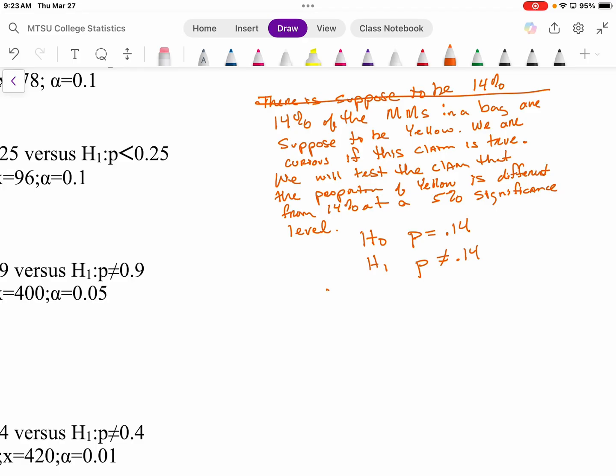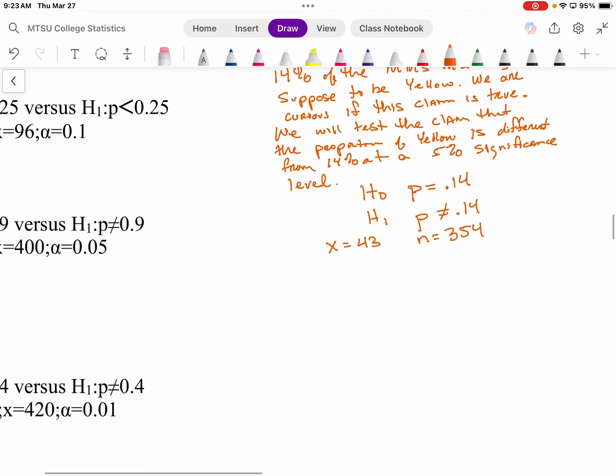Here is what we got for how many yellows for our class. In our class, we had 43 yellows. Our sample size for how many M&Ms were in the bag itself was 354 M&Ms total. And again, our alpha is 0.05.